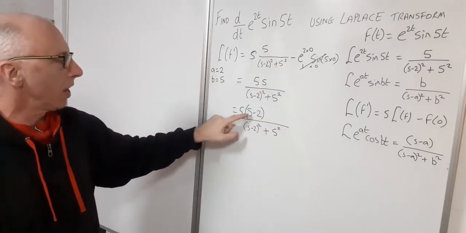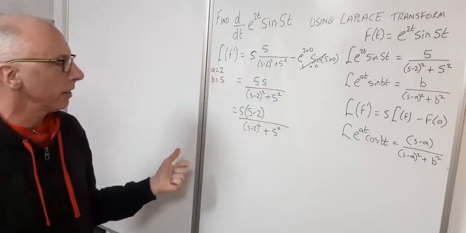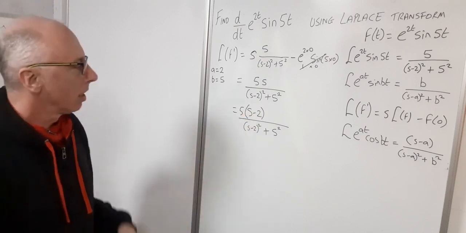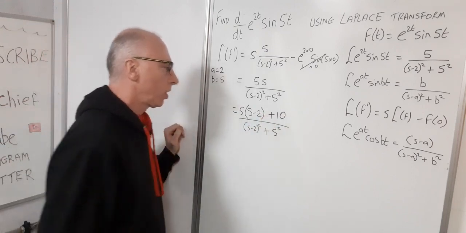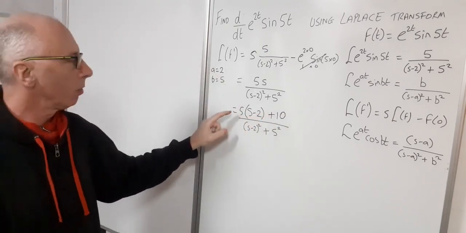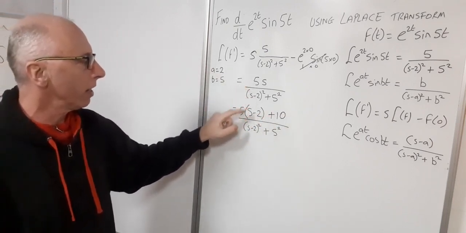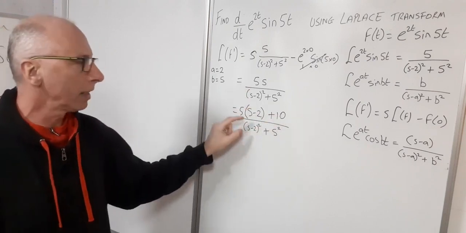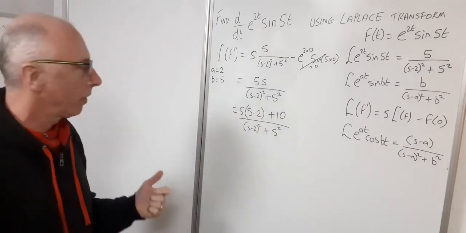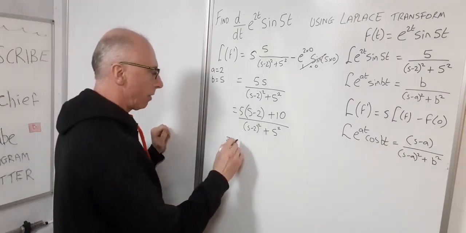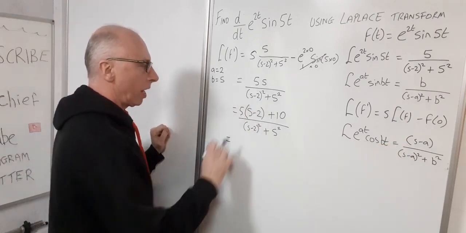But now we've got 5 times minus 2, which is minus 10, so we've gained a minus 10. So now what we need to do is add 10. If I do that, this will then give us the same value as this, and it's in a format that we can maybe use for this. So let's simplify this out now. So now we've got 5 times s minus 2.